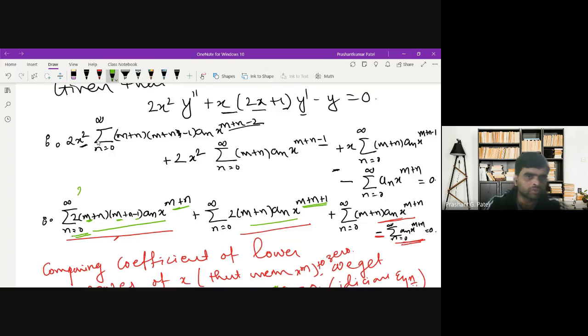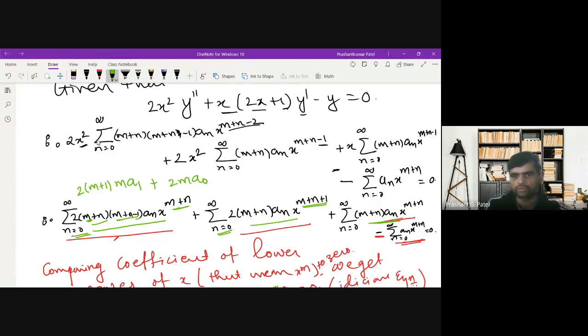So this is 2 into m plus m. I am now substituting n equal to 1: 2 into m plus 1 into m a1 x power m plus 1, that is the coefficient for the first term. Here you have to substitute n equal to 0, that is 2m a0.